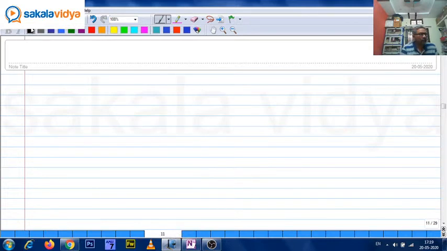So now the 12th concept. What does the 12th concept mean? First one, the distance from, that is perpendicular distance.